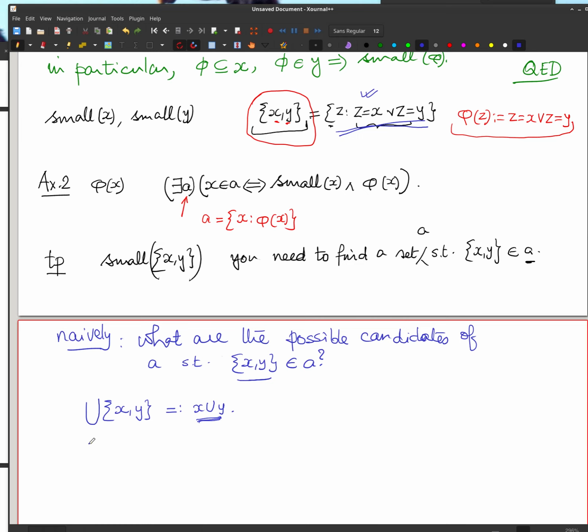Remember, I am given that this is a small set, and I know that this is a small set.